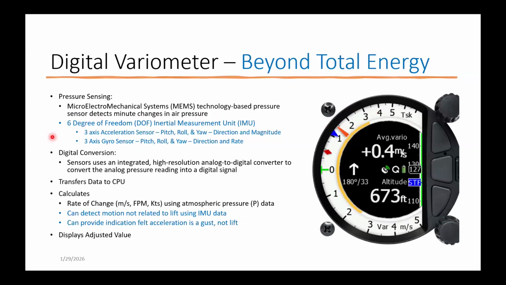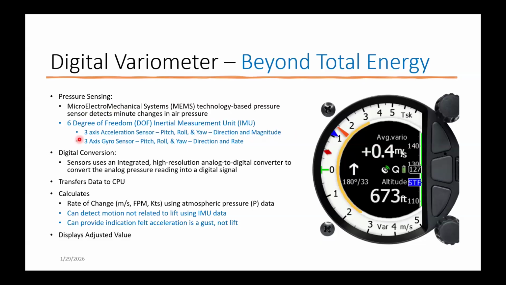So if we add a 6 degree of freedom inertial measurement unit, there's a 3-axis accelerometer, an acceleration sensor, and that's going to give a direction and magnitude value.